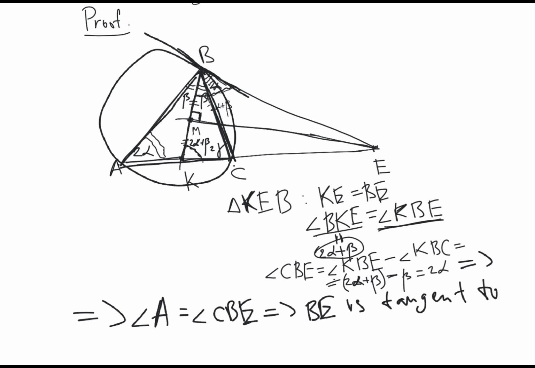So if we denote by omega the circumcircle of the triangle ABC, it's tangent to omega.